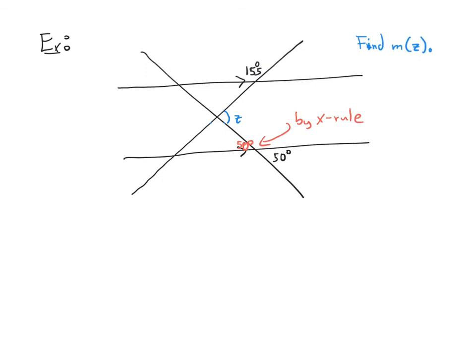Okay. Now, we can use the parallel X rule. So, erase this guy here in your mind to be left with a situation that looks something like that. We know this angle is 155. So, via the parallel X rule, we know this angle is 155.